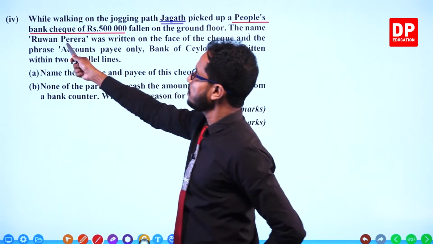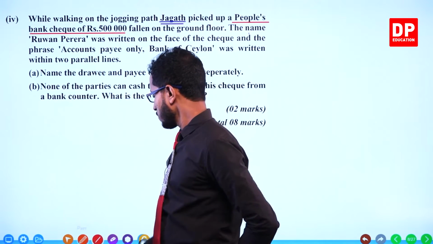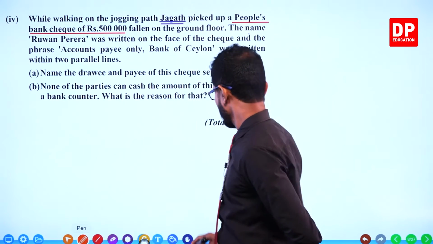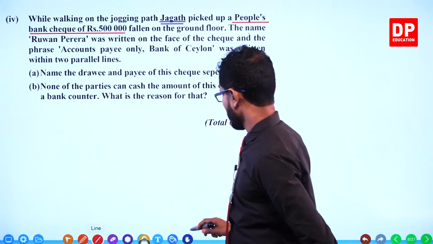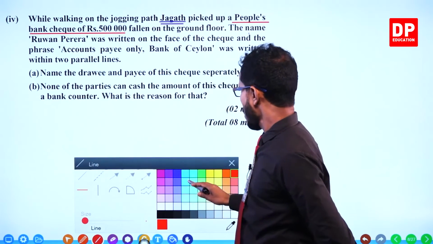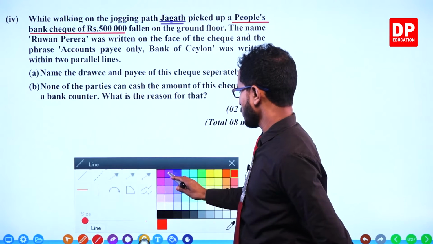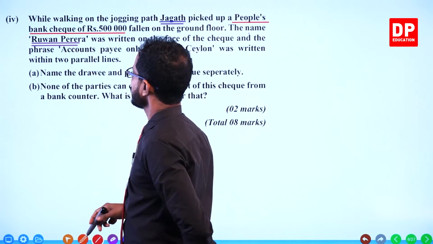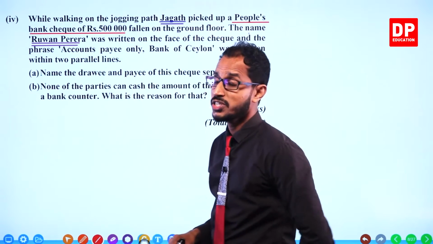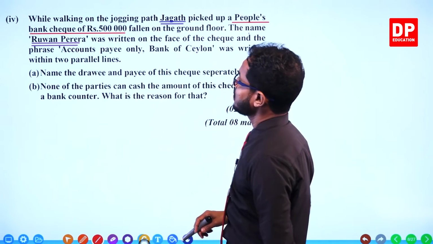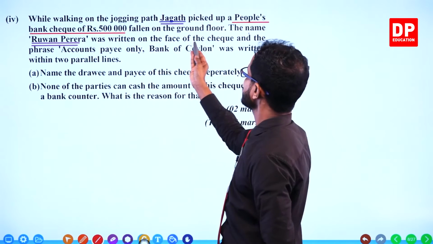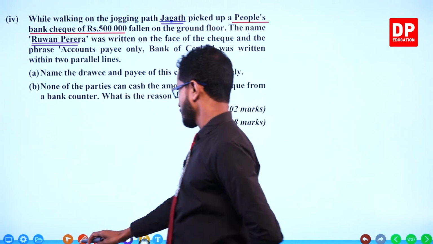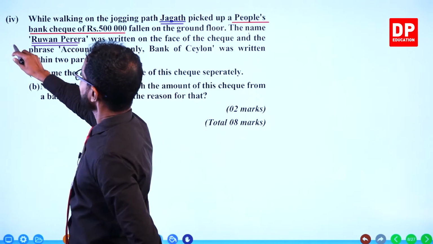The name Ruan Pereira is the name on the check, which means the name Ruan Pereira was written on the face of the check. That is the payee. Ruan Pereira is the payee.